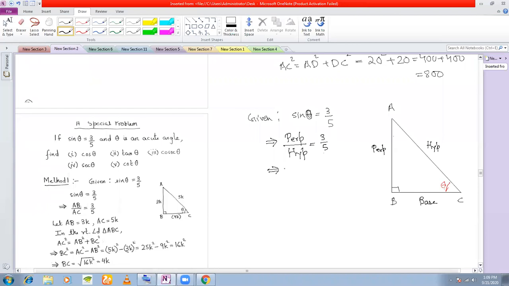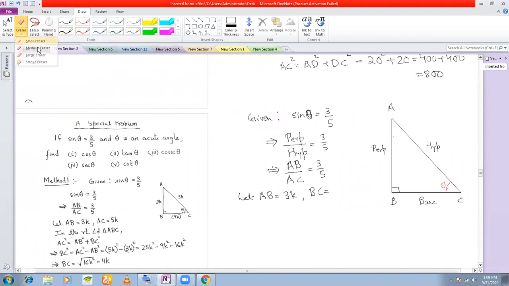Here my perpendicular is AB, equal to 3 by 5 of the hypotenuse. So now I've got the ratio, and therefore I can take AB equal to 3K. Oh, the hypotenuse is not BC, the hypotenuse is AC.